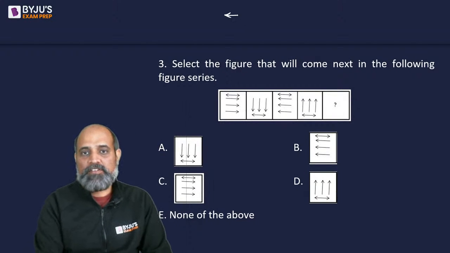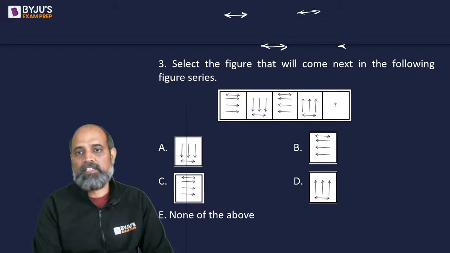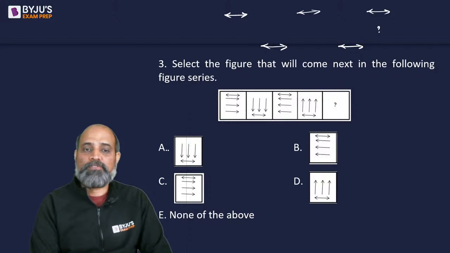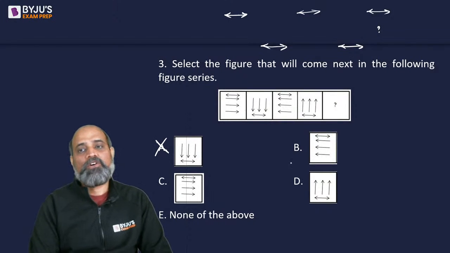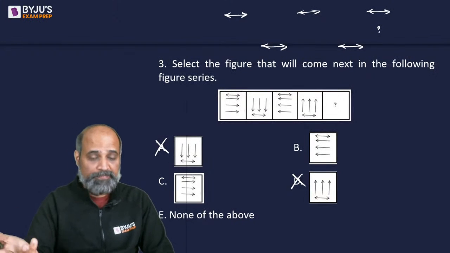The one is the double arrowed sign. So it's initially on the top, then it's at the bottom, again it's on the top, again it's at the bottom, then the question figure should have it on the top, right? So if it's going to be on the top, we can't have alpha or delta as the answers for sure. It could be Bravo, Charlie, Echo, B, C, or E can be the answer.